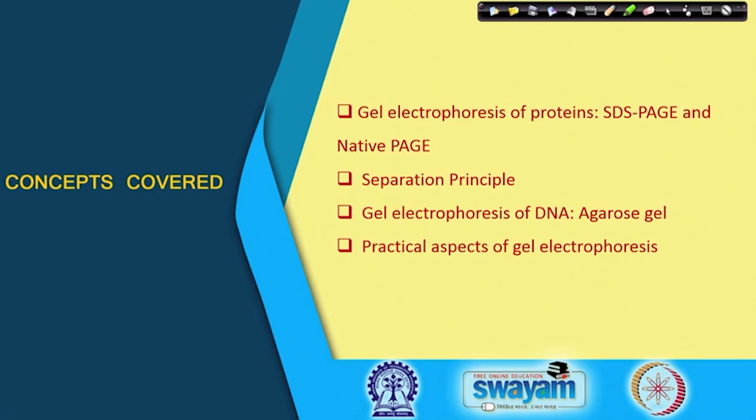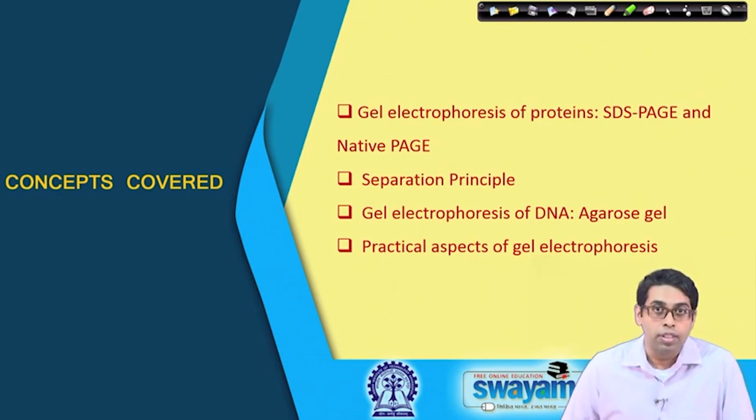We will specifically focus on two types of gel electrophoresis. One is SDS-PAGE, or polyacrylamide gel electrophoresis, and the other one is agarose gel electrophoresis. We will see how this technique works and under what conditions you will use which method.